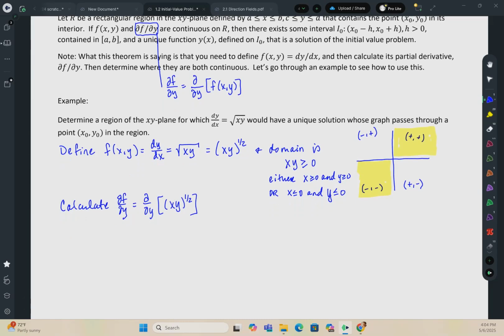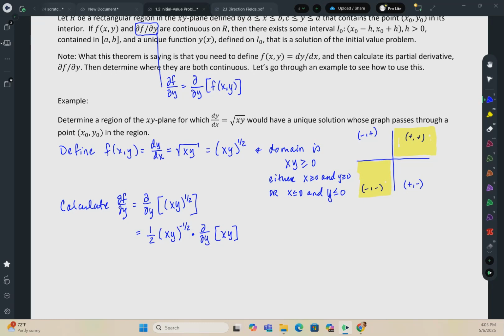So what happens is this becomes 1/2 times xy raised to the negative 1/2 times del y of xy. Right? Just applying the chain rule without actually taking the derivative of the inner function yet. So now I can see what I need to take the derivative of still.